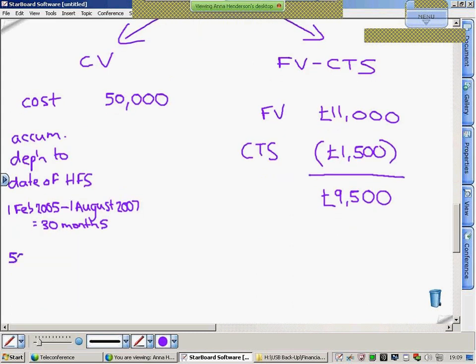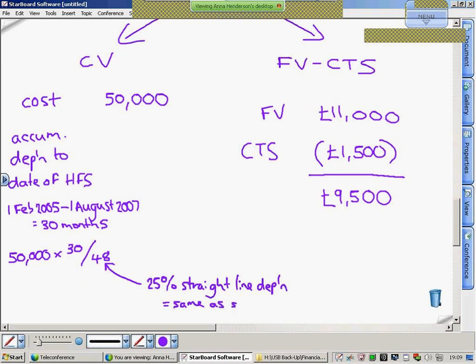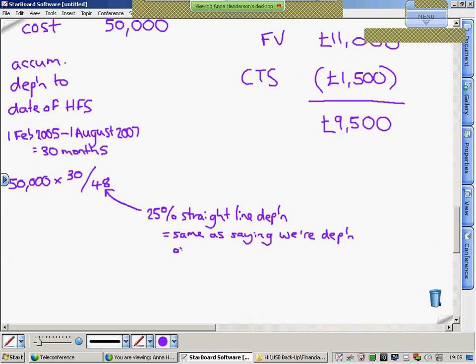Multiply the cost of the asset by months here. 28, based on the fact that 25% straight-line depreciation, estimating 4 years, we then apply 4 years to get the total number of months that is the useful economic life of the asset.